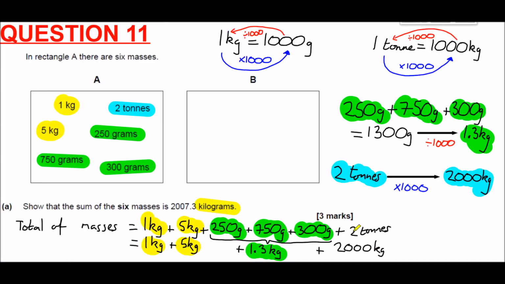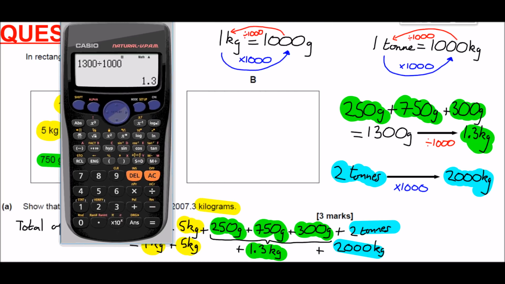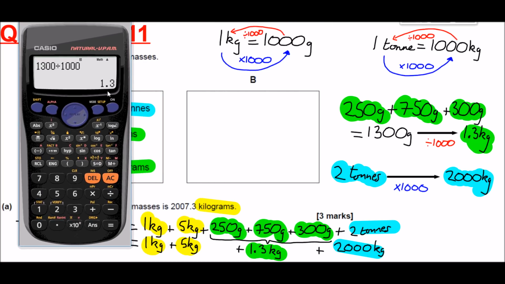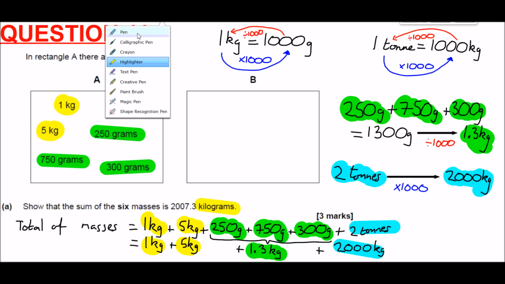The only thing left to do now is to add all of these things together. So 1 plus 5 plus 1.3 plus 2000 comes to a total of 2007.3 kilograms, like we wanted to prove all along.